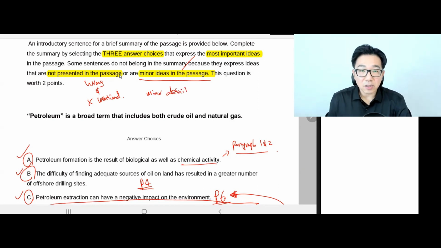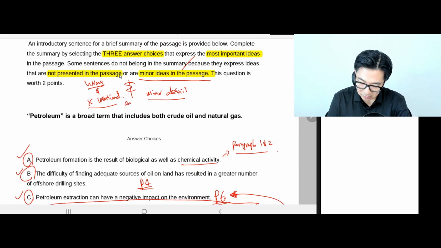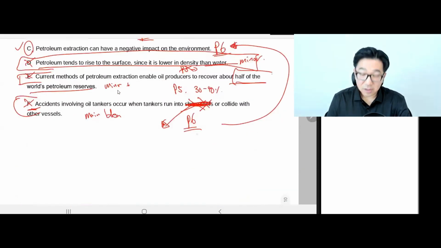So a wrong answer can be wrong information, information not mentioned, or minor detail, or both. Meaning minor detail and it's also slightly wrong information. Anyway, you figured it out. So we're safe. D, E, F out.